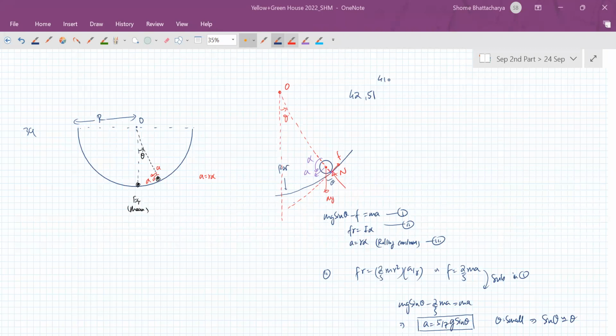There's one R on this side and one R in the denominator. This equation, friction into R, moment of inertia is 2 by 5 mr square and alpha is a by R. So one R cancels like this and one more R cancels like this. That's how we get it.